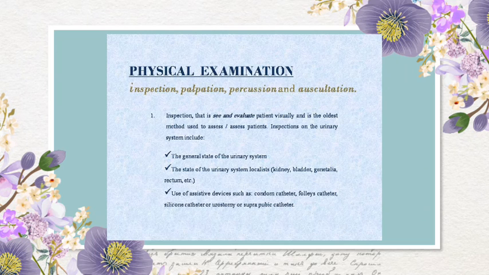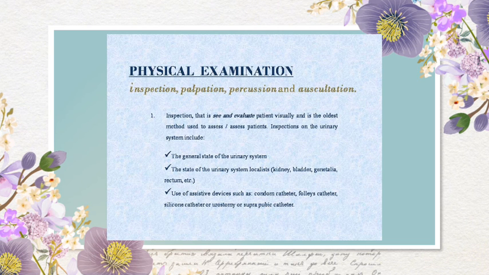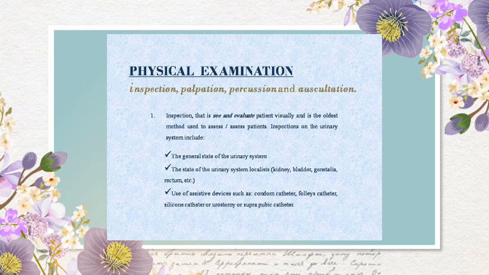Physical examination consists of inspection, palpation, percussion, and auscultation. First, inspection, that is, to see and evaluate the patient visually, and it is the oldest method used to assess.